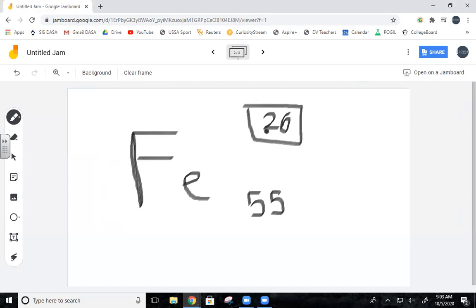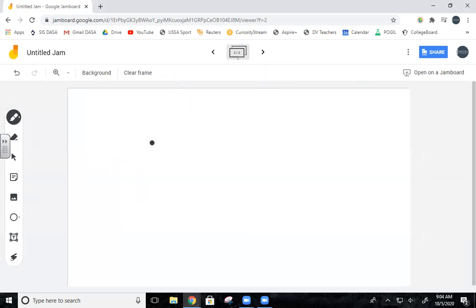The number of protons determines the element, but the mass is determined by the number of protons plus the number of neutrons. So we're going to stick with iron here. Iron has 4 common isotopes.